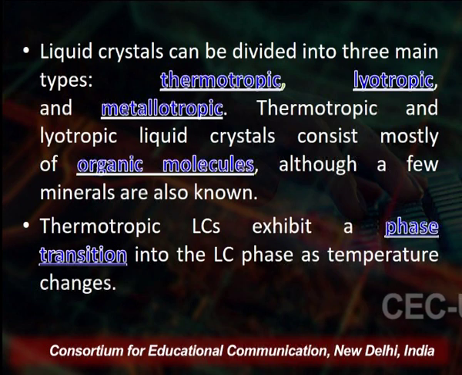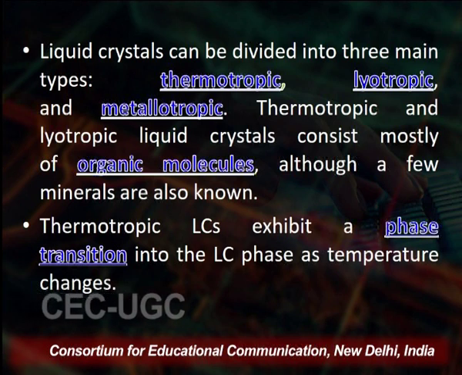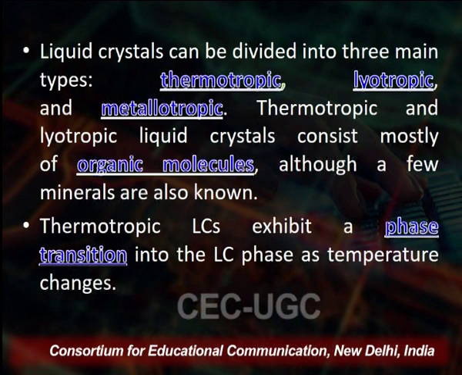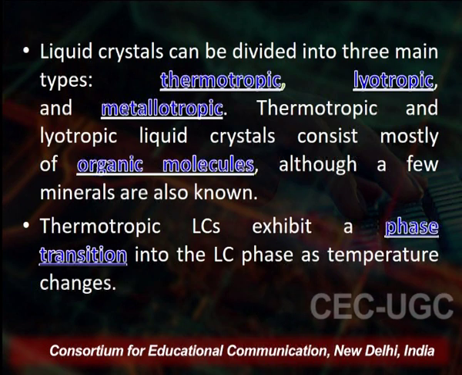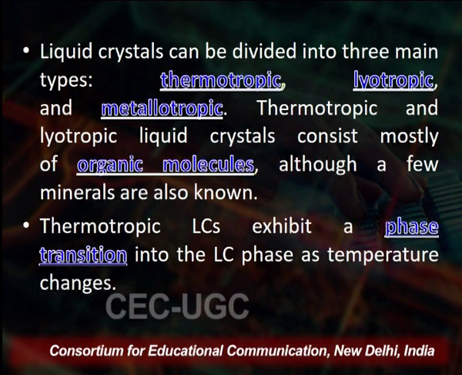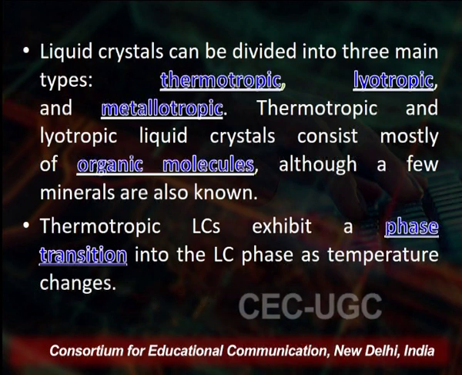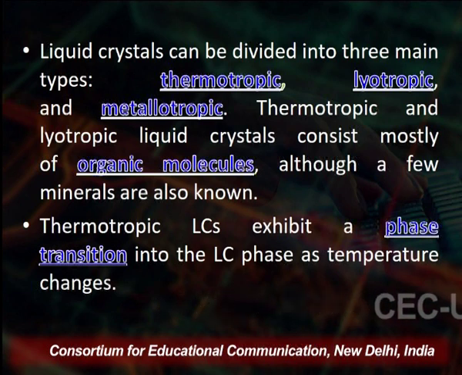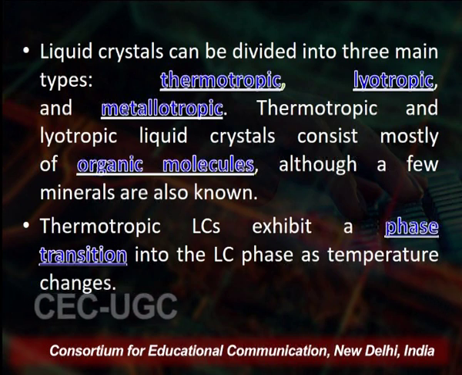In the thermotropic the phase transition happens as the temperature changes, but in the lyotropic it depends upon the concentration of the molecules in the solvent. Basically we take water. Next is the metallotropic. These LCs are composed of both organic and inorganic molecules, and their LC transition additionally depends on the inorganic-organic composition ratio.